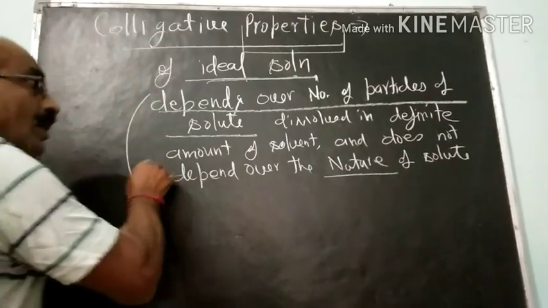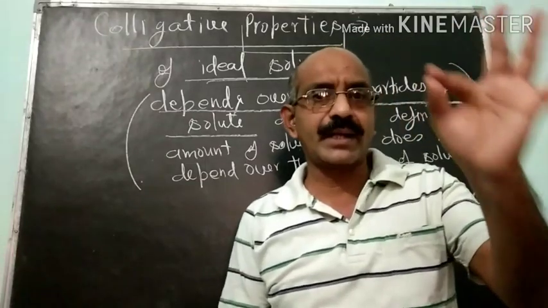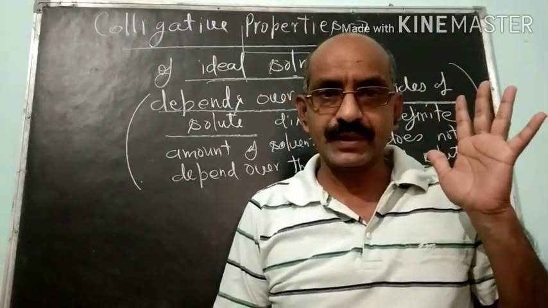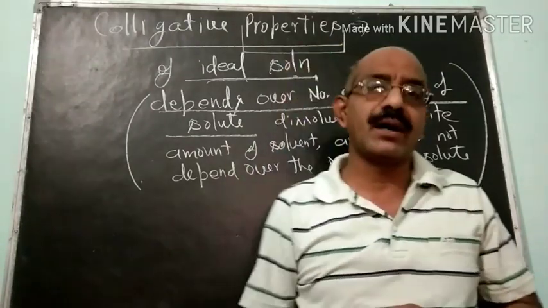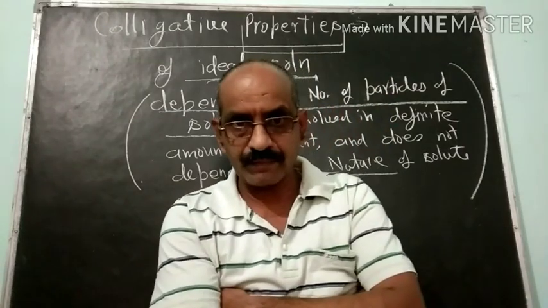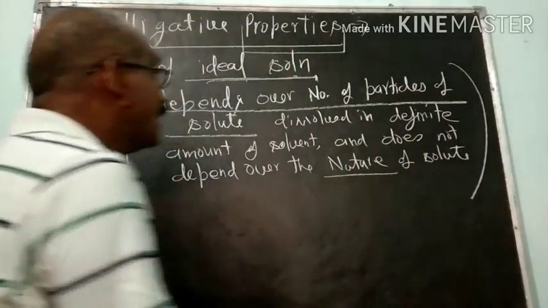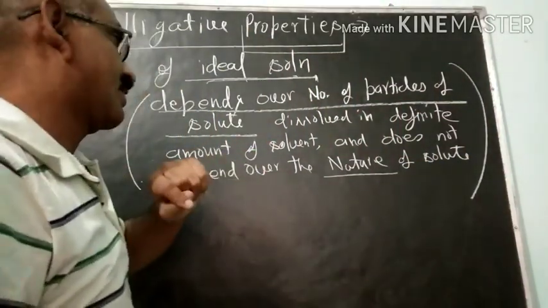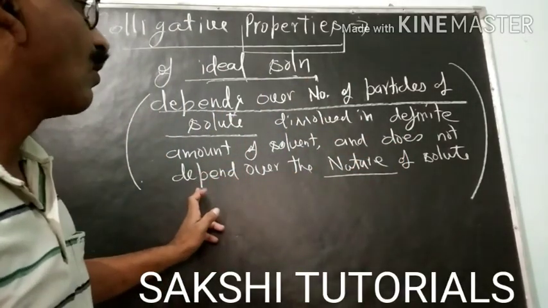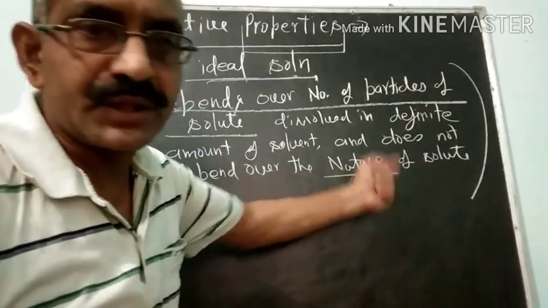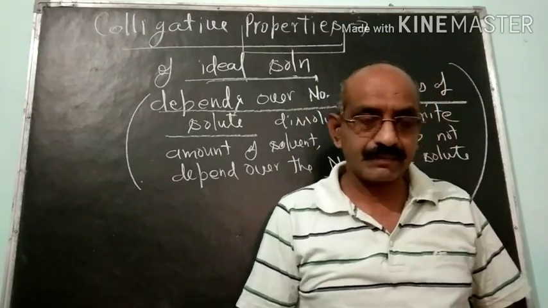So, the properties which depend only on the number of solute particles dissolved in a definite number of moles of the solvent, and are independent of the nature of the solute, are called colligative properties.